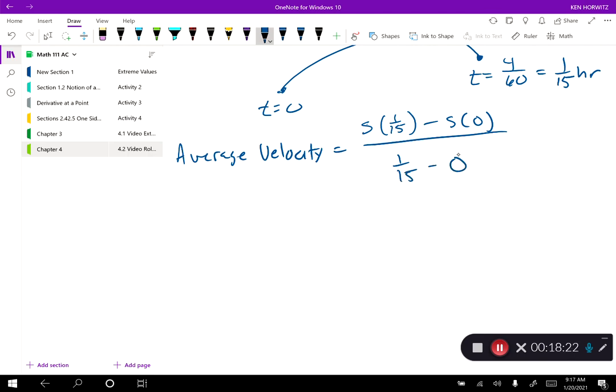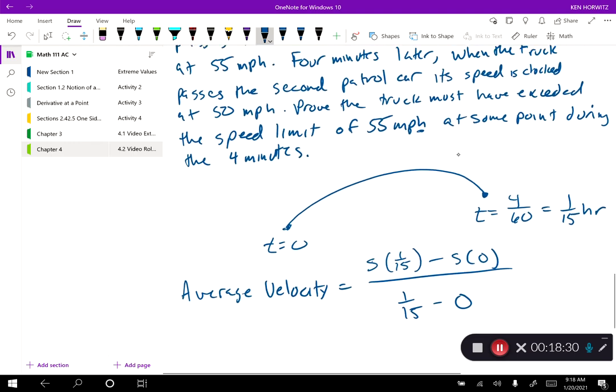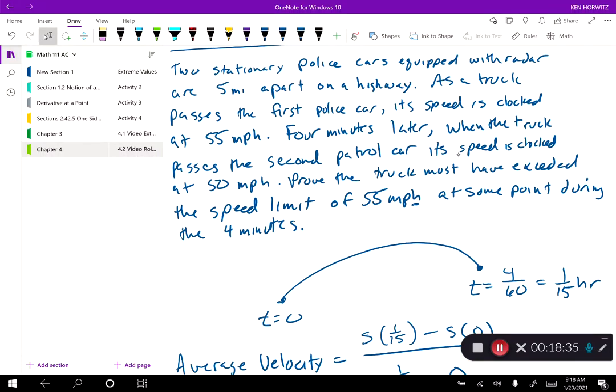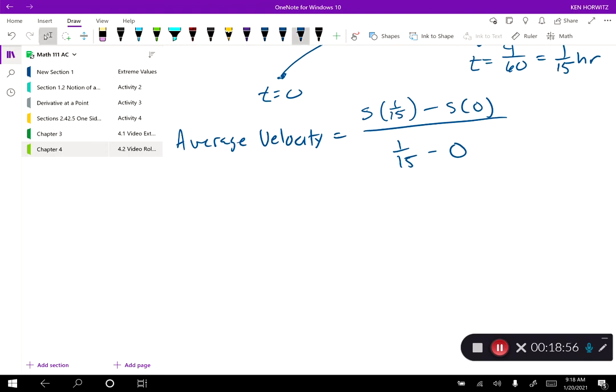All right, now the key here is, I don't have a function. I don't have any function s. I'm just using s as a position function, but there is no function in our problem. However, I do know that if I'm starting at 0, by the time I get to the second police car, where am I at? I'm at 5, yes? So my position at 1/15 of an hour was 5. So even though I don't have a function, the clue was hidden in the problem.